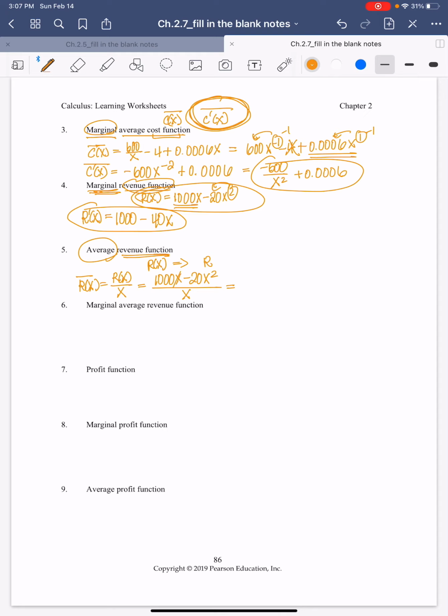The 1000, the x's cancel out, and then this x cancels out. So in other words, let me not skip a step. 1000x over x minus 20x squared over x. So x cancels out 1000, and then one of the x cancels out, so we have 20x.